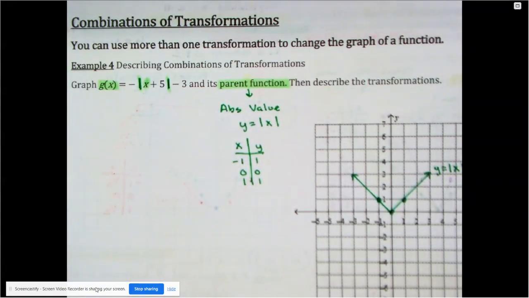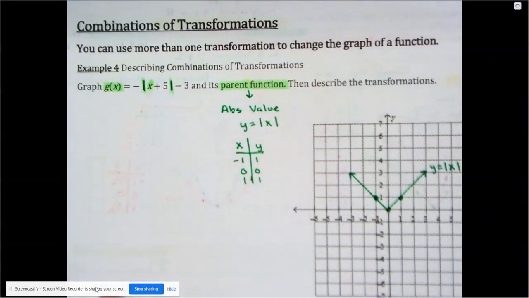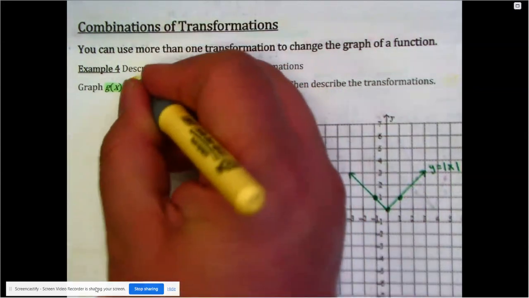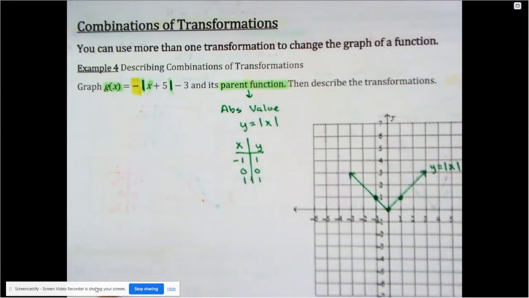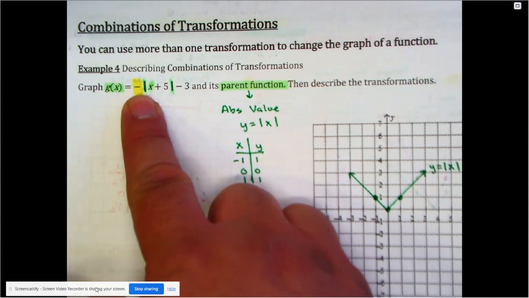All right. Now it's time to break this thing down even further. When we're breaking this one down, remember what we said. We're going to go in order from left to right. Everything has an effect on the graph. So the first thing I see is a negative in front. According to our notes, as soon as that -1 is in front, that's not a stretch or a shrink because it's not an actual number.